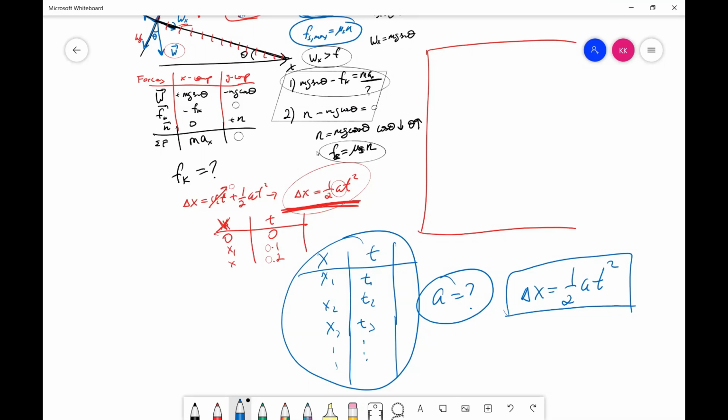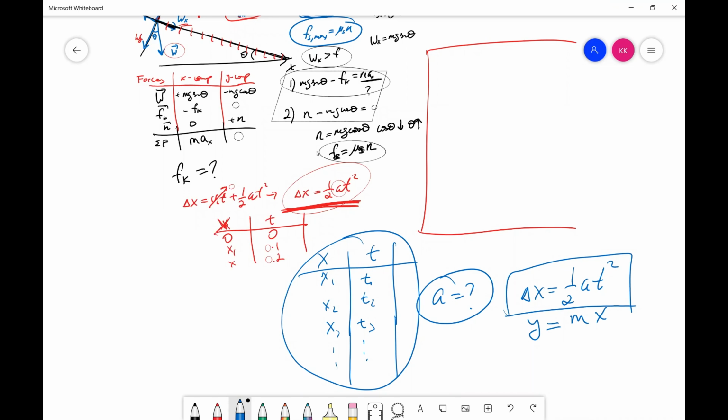Well, remember, you have a data table, right? It's not about initial or final. You have a data table, which is much more accurate than looking at just the initial and final. So what you do here is you plot this as y equals m times x.